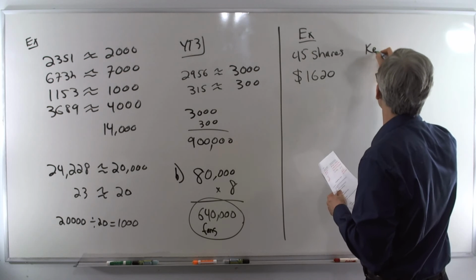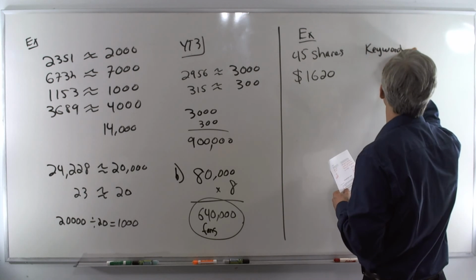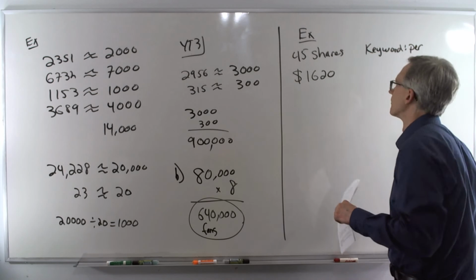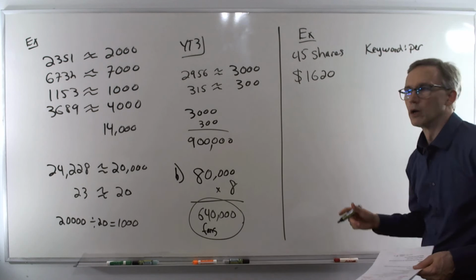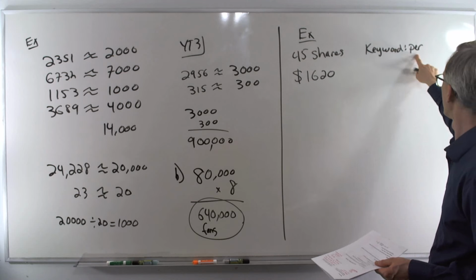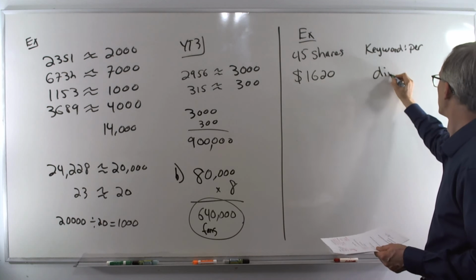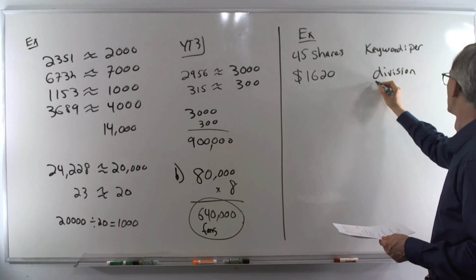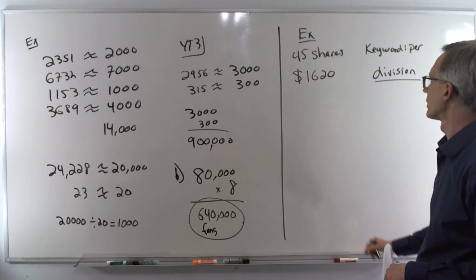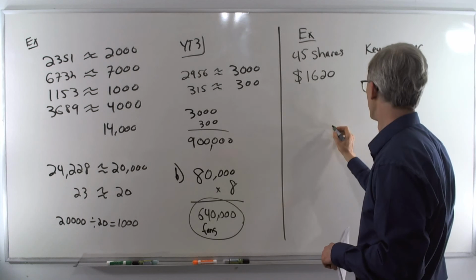The keyword is per. All right, so per indicates division. So what we're going to do is take 1620 divided by 45.